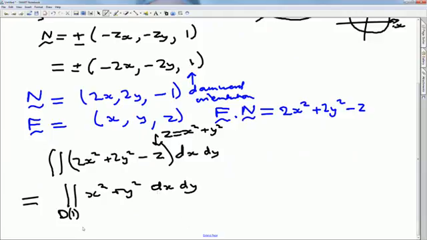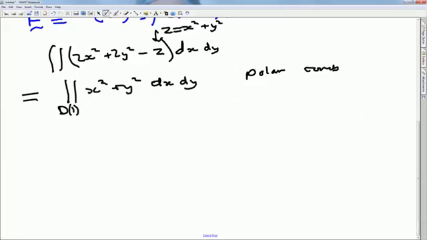Now, you're trying to integrate over a circle. So the key way of integrating over a circle is to use polar coordinates. There's no point trying to do Cartesian form any further. So this is a double integral, and we just use the normal trick. For polar coordinates, x squared plus y squared is just r squared.